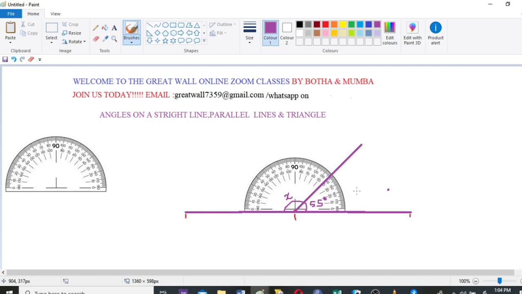The whole space between these two lines is 180, but we've been given just this angle to be 55. To find the remaining, which we are calling x, if we add x and this 55, we should get the total of 180.